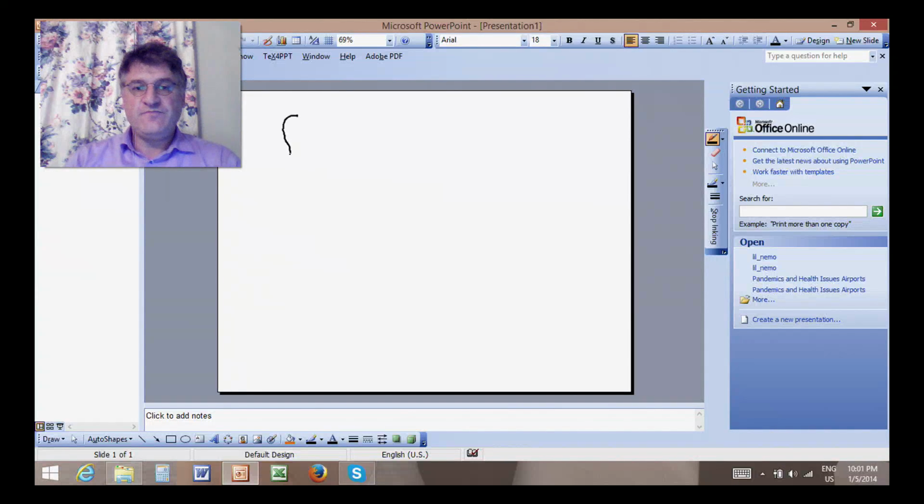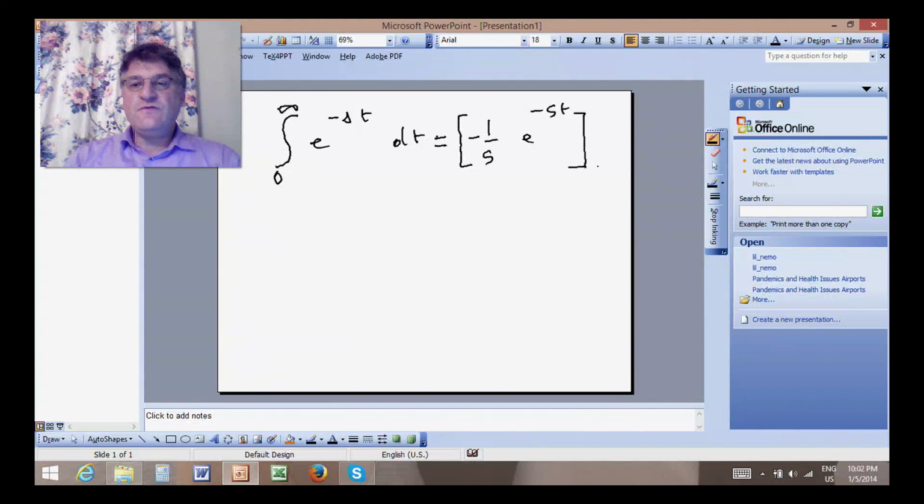integral calculation, which we resume here as the integral from 0 to infinity of e to the minus st dt, and which we integrate by writing this as minus 1 over s e to the minus st, valued between 0 and infinity.